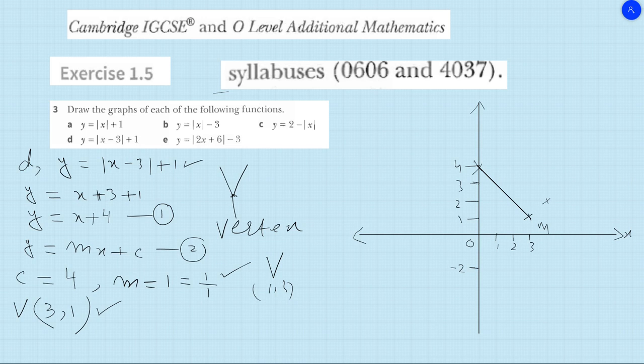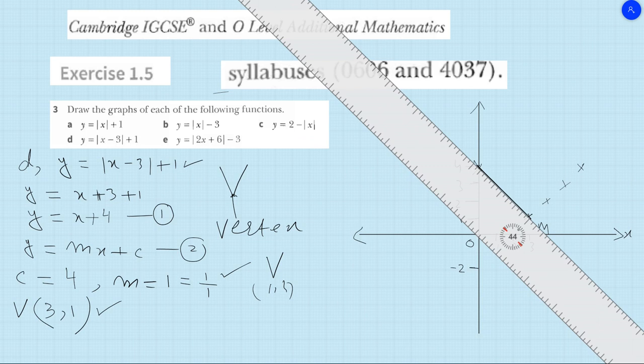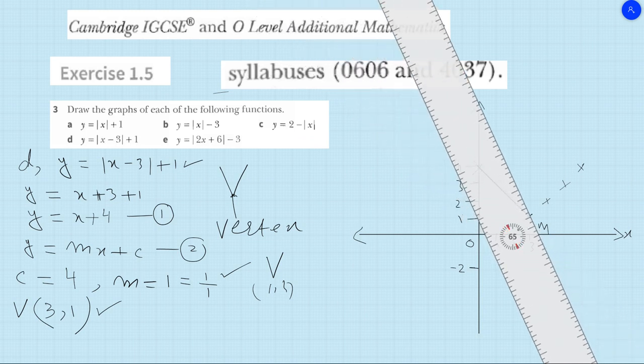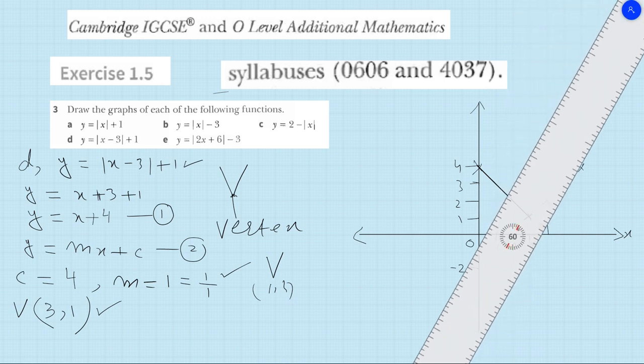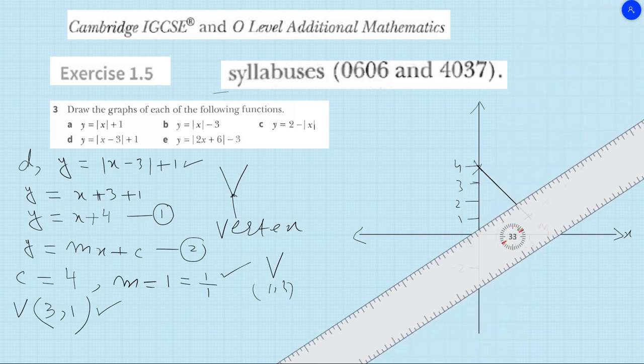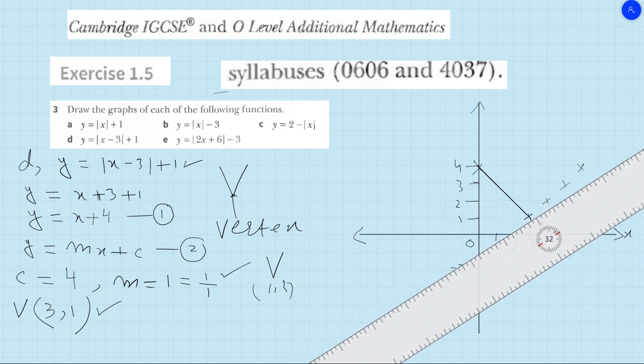This point is 1, 2, 3. Then 1, 2, then 1, 2, and 1, 2, 3, 1, 2, 3. Finally, we are able to draw this graph. Sometimes a teacher also forgets some points, but I will repeat all steps again.